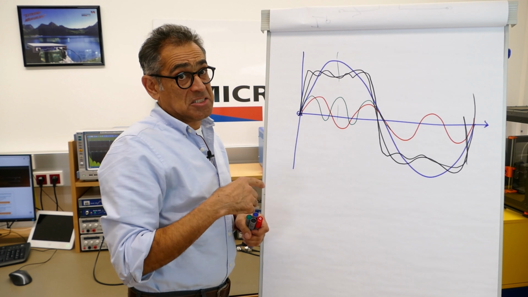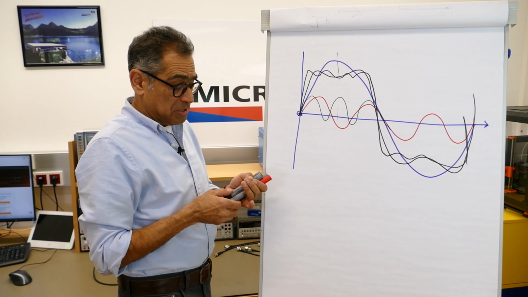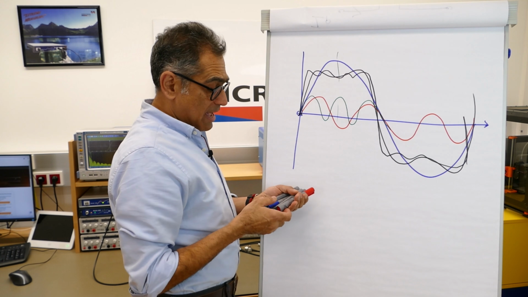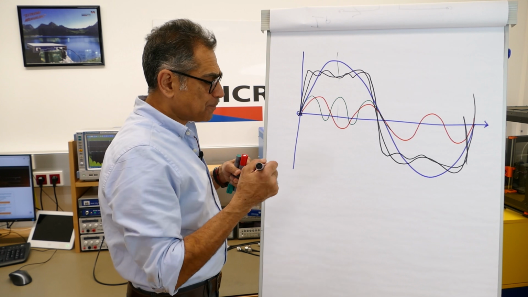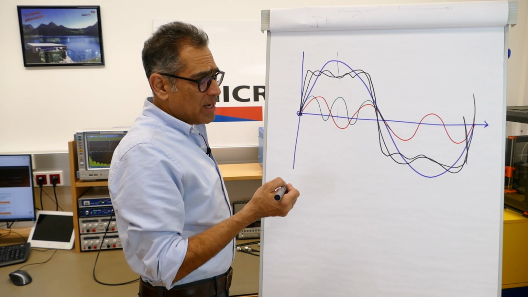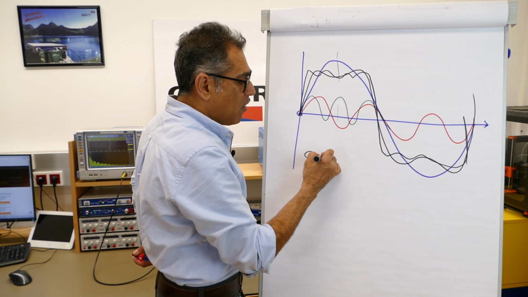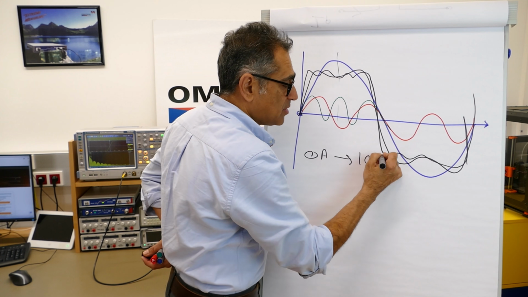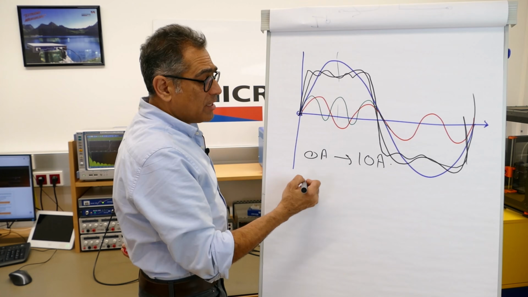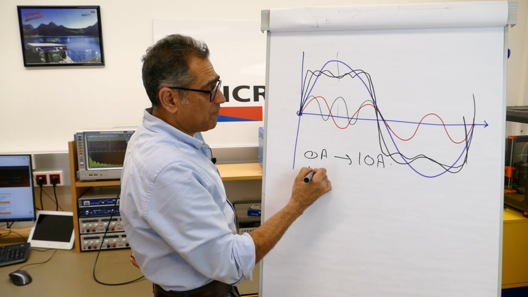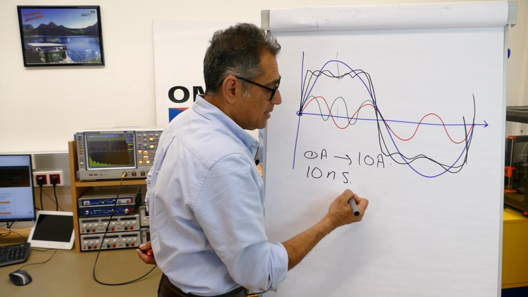Now let us say, again for simplicity, I have a switch mode power supply that is switching at a rate of 100 kilohertz. And let us say that when I turn the switch on, I go from 0 amps to 10 amps in a MOSFET rise time of, for simplicity, let us say 10 nanoseconds.